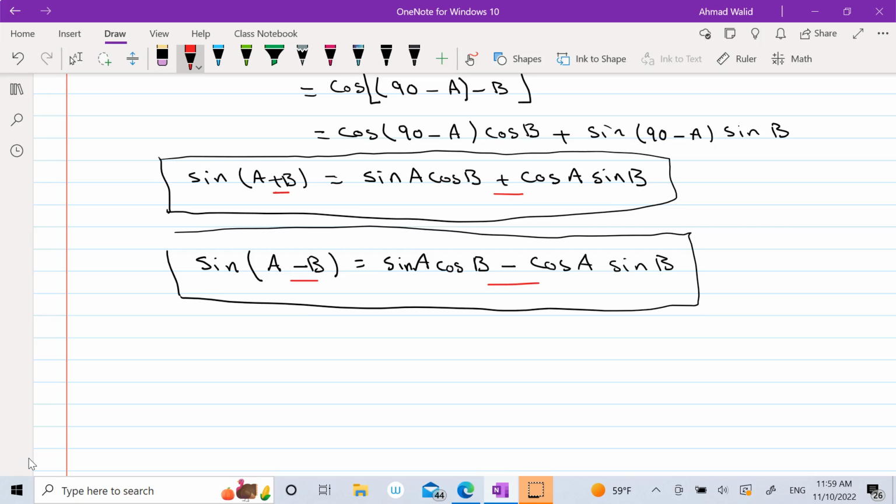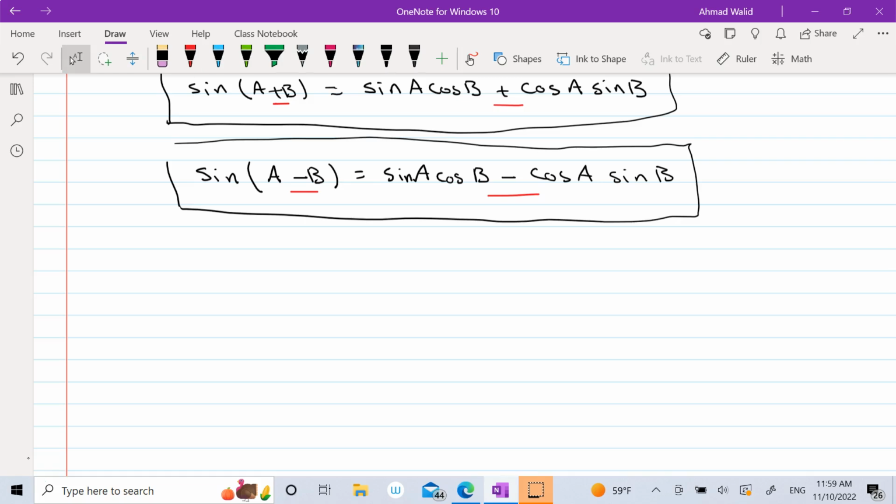Correct? Same way, if you divide these two, it gives you, of course, tangent of a plus b and tangent of a minus b. Again, I'll skip the proof, then I'll write the formula for you. Tangent of a plus b equals tangent of a plus tangent of b over 1 minus tangent of a tangent of b.